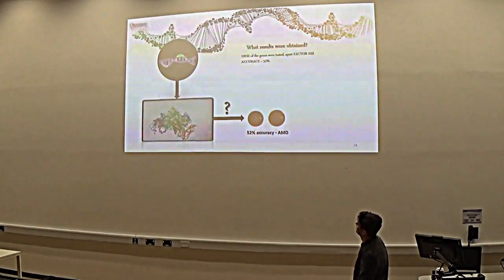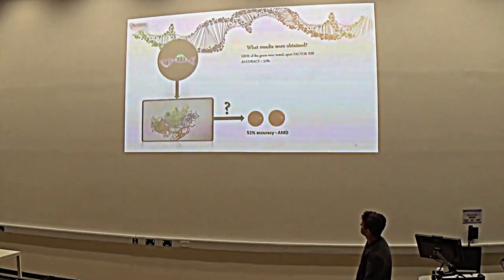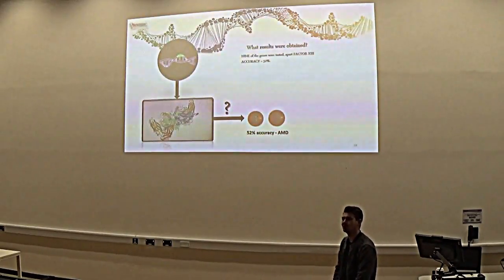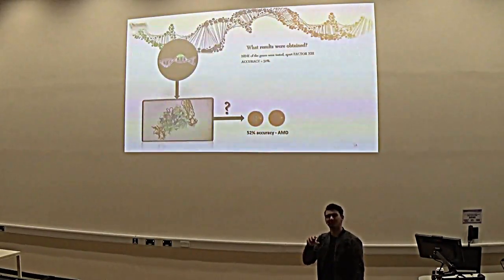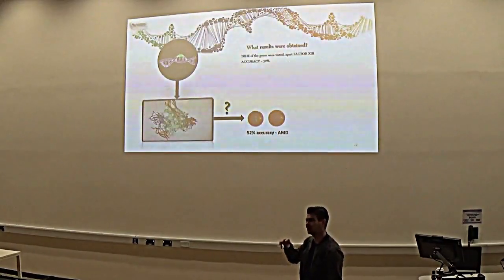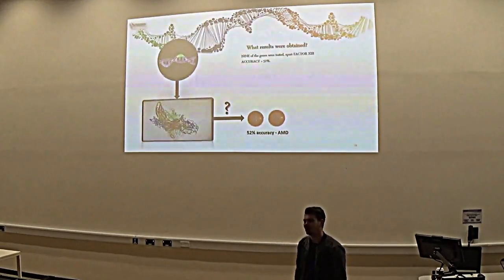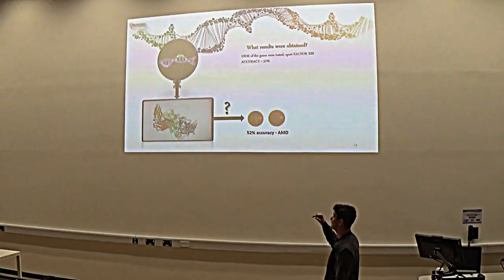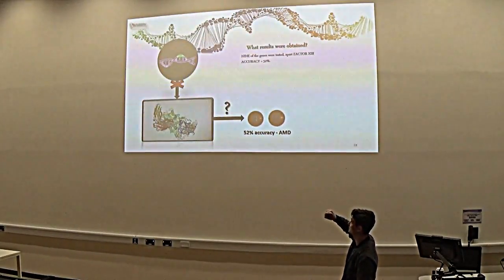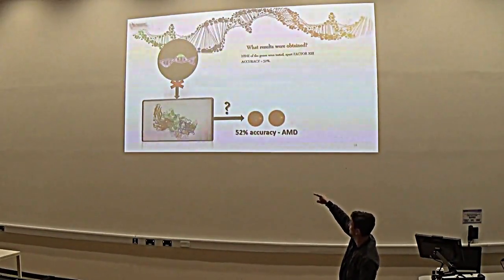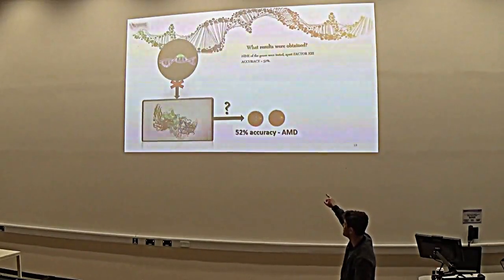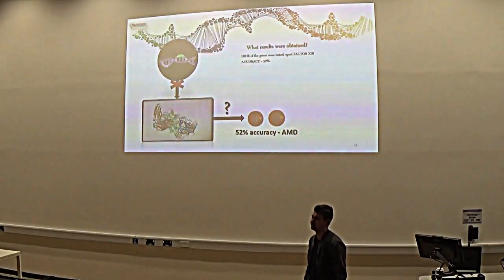In my opinion, by excluding factor 13, which is the most important, most dominant gene in age-related macular degeneration, you are not going to produce the protein, which leads to 52% accuracy.